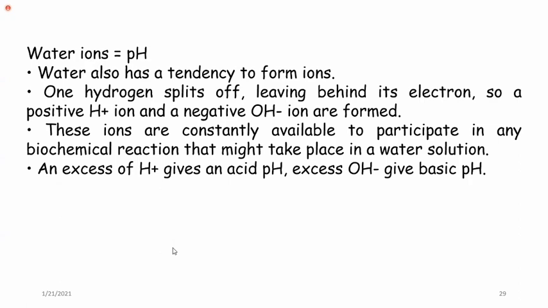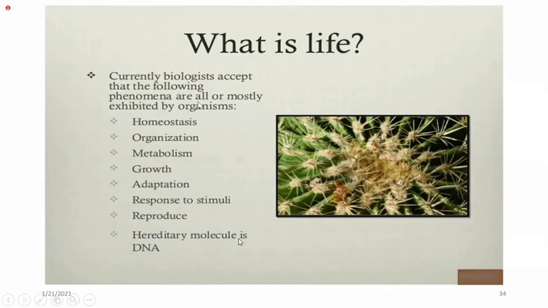So far, we have understood the basics of the elements that are necessary for life. Am I right? So now let us move together to the process of what exactly life is. The following phenomena are all, or mostly, exhibited by a healthy living organism.